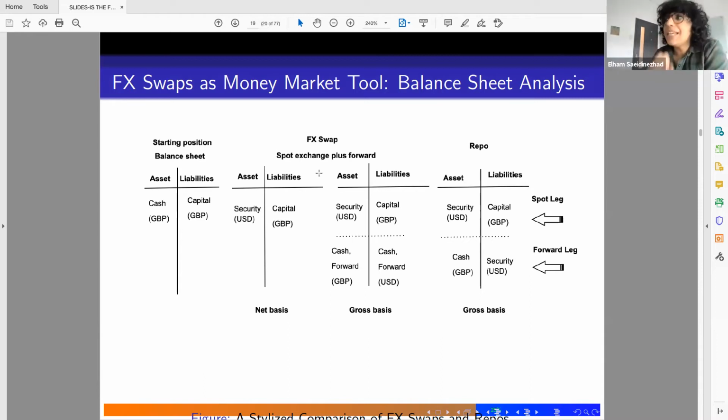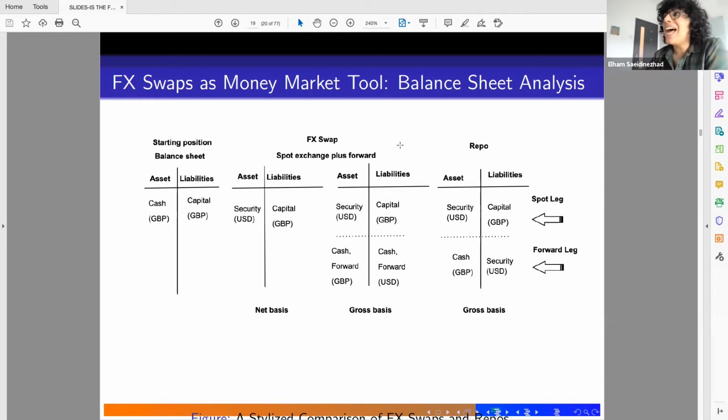But in the second leg of the FX swap, you are promising to reverse this transaction, which means you are promising to pay, let's say, the US dealing bank the same amount of US dollar that you have borrowed at the beginning of the transaction.